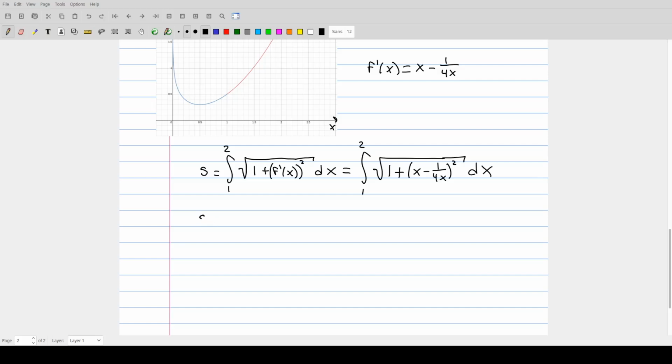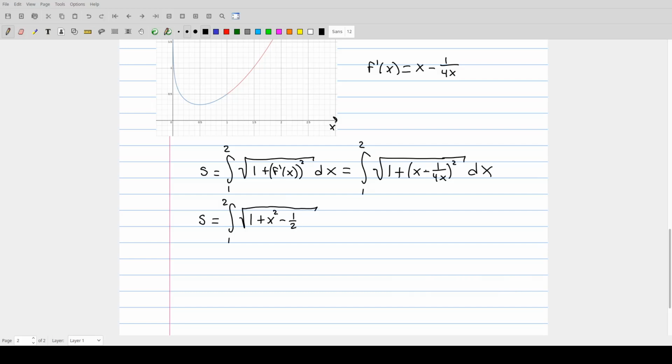So at first this integral looks a little bit difficult, but sure enough we can simplify it by doing a little bit of algebra. This is going to be 1 plus x squared minus 2 times x times 1 over 4x, which is minus 1/2.